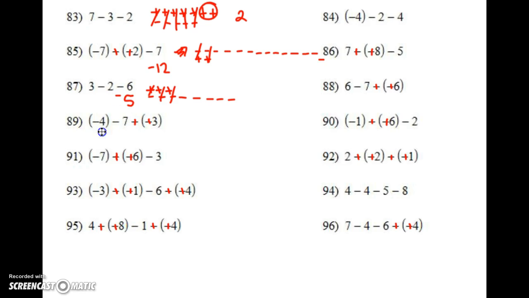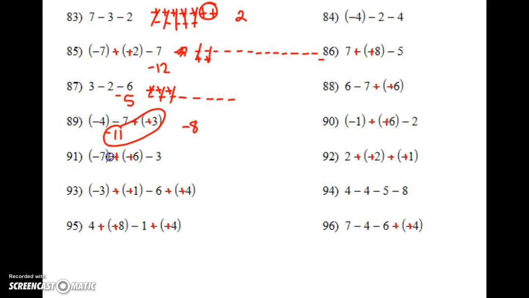So same signs, add and keep. And 7 and 4 together is 11 and keep. And then we're going to take that and add it to a positive 3. So different signs, subtract. So 11 minus 3, 8. Keep the sign of the bigger. So it's negative 8. All right, next one.